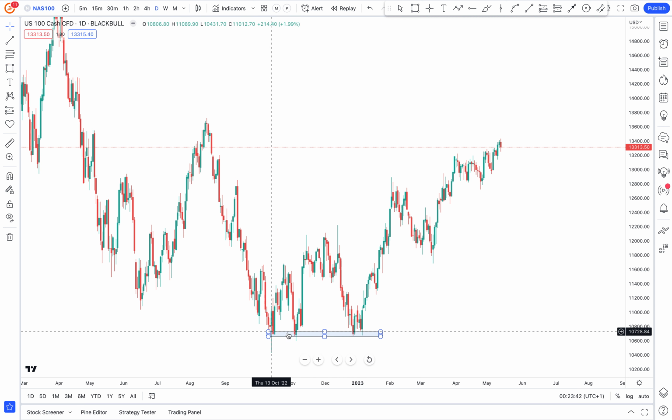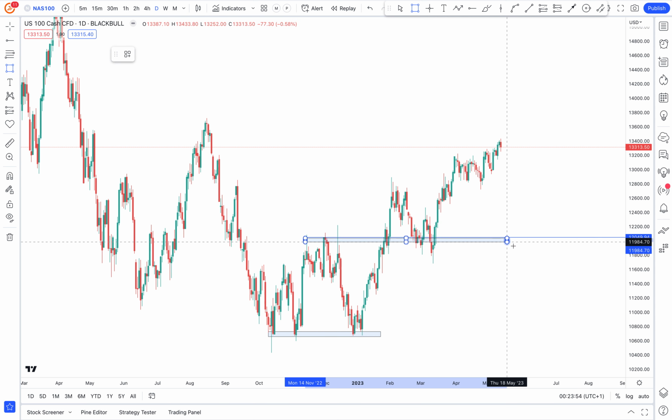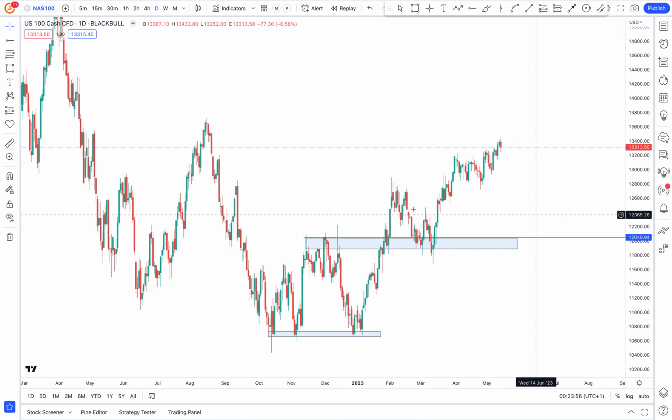We had the first test, second test, and the third test, and then we had price breaking through this neckline here. After that movement, if you notice, we had this impulse move, and then we had a break of this resistance zone here, and then we had price reaching this high, and then we had a retest.